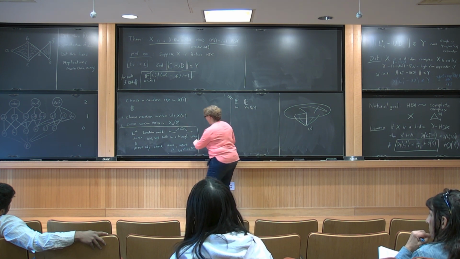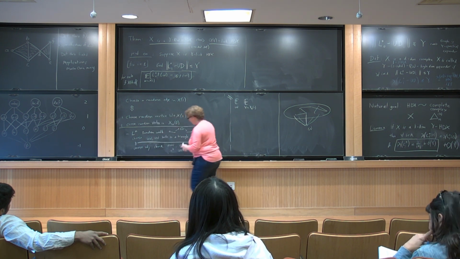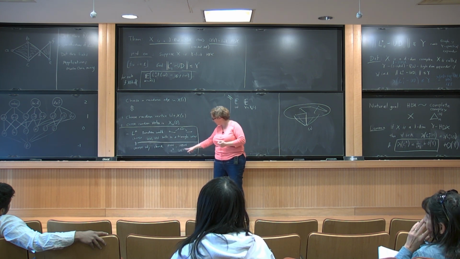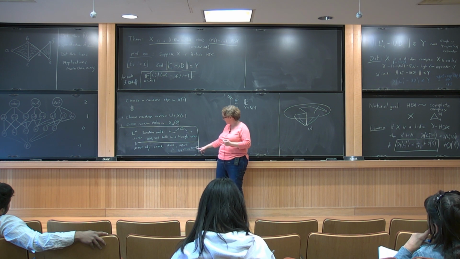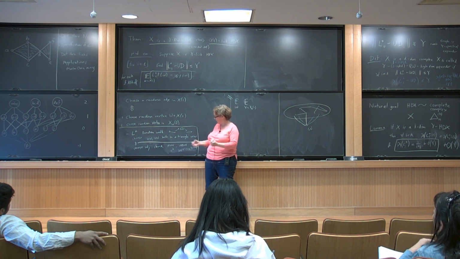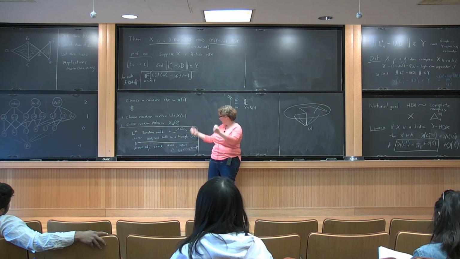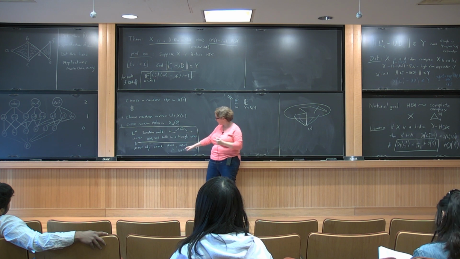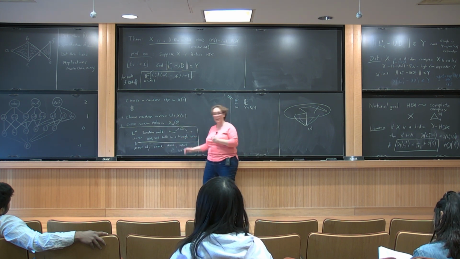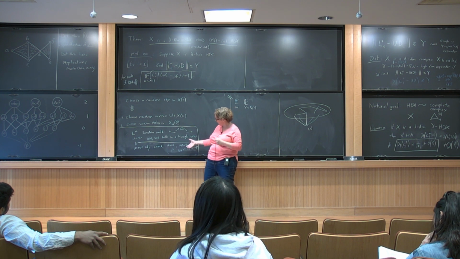Now you see that the second one, choose W, then choose U adjacent to W and V adjacent to W such that UVW is a triangle. This is exactly choosing U and V in the link of W, because these are two neighbors of W, and they need to close a triangle. It means that these guys are adjacent in the link. So it's exactly like choosing W and then choosing an edge in the link.